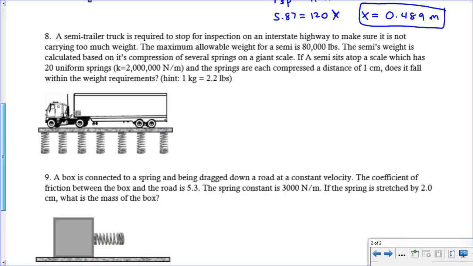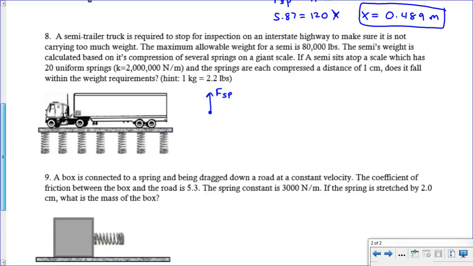So this one, lots of words there. But what we're looking at here is we've got 20 springs, and we just have to figure out, first of all, how much force there is for each spring. What I'm going to do is, if you condense all the springs to one spring force, it makes it a little bit easier. So the only thing really holding this up, if you think about it this way, is F_SP.